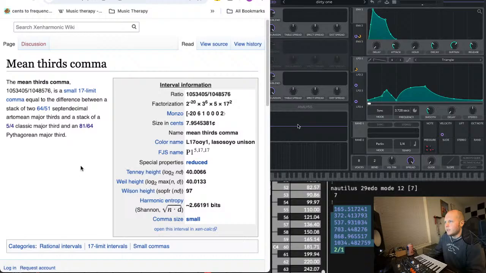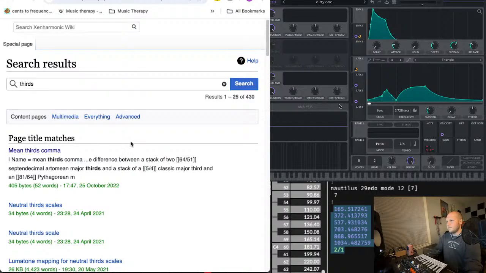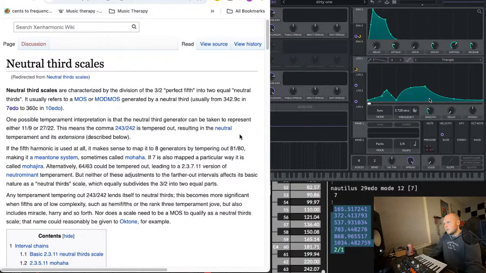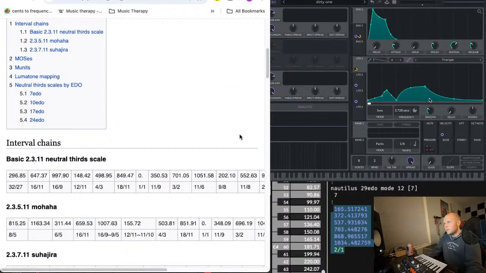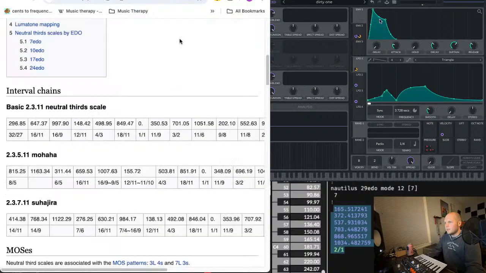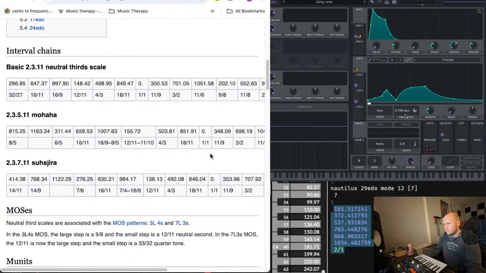I'll click a page or two, see if something pops up. That ain't it. It's a comma. 242. We're on the hunt for 372. Or something really close. No.